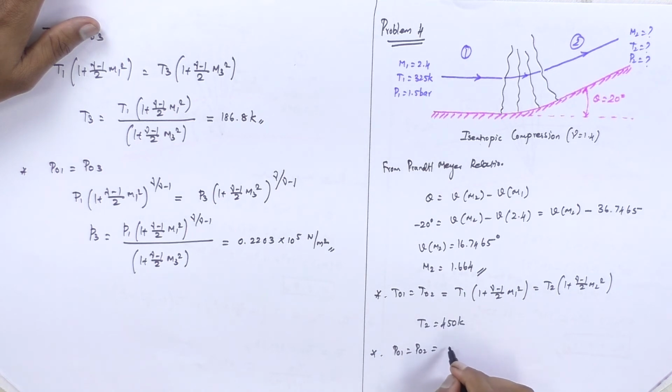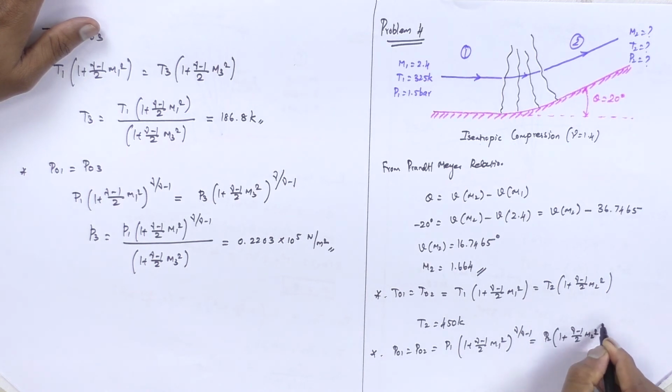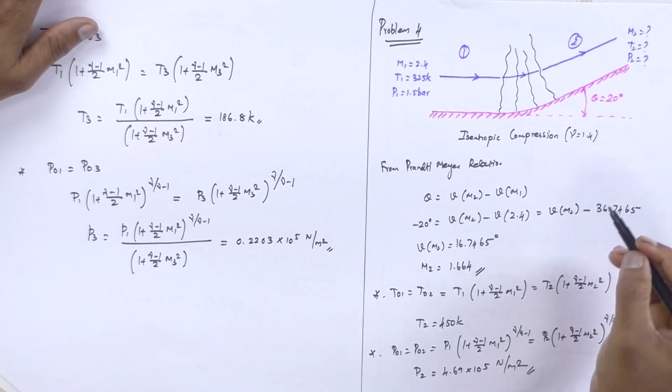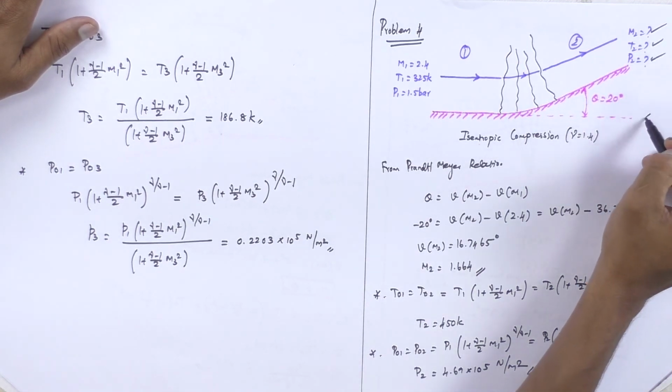From the isentropic relation, this can be written as P1 into 1 plus (gamma minus 1) by 2 M1 squared, whole power gamma by gamma minus 1, which is also equal to P2 into 1 plus (gamma minus 1) by 2 M2 squared, whole power gamma by gamma minus 1. After the calculation we get P2 as 4.69 into 10 power 5 Newton per meter square. So we found the M2, T2 and P2 values.